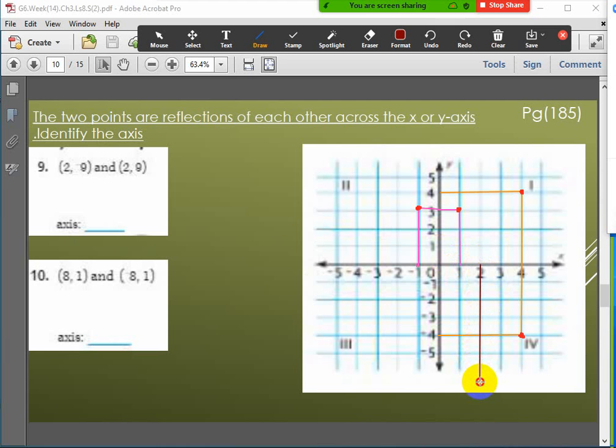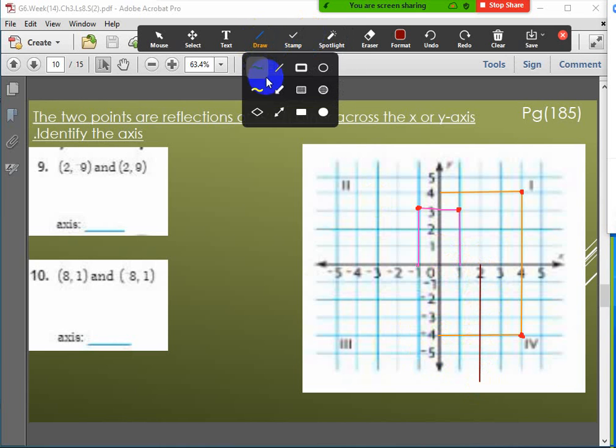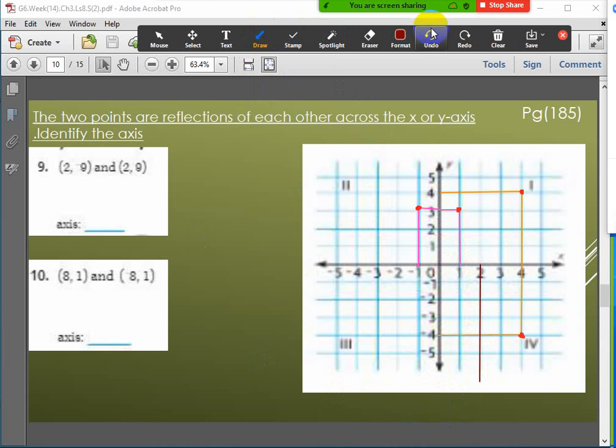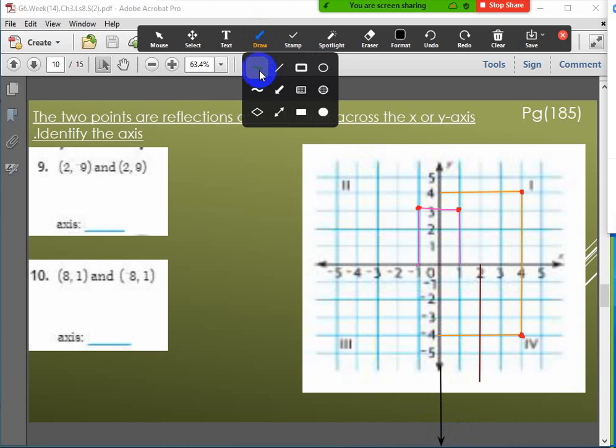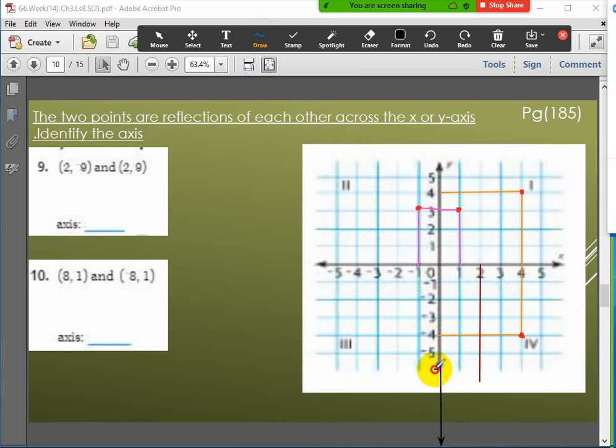Here the y-axis is divided until -5, so I want to divide it. So I have to extend this line like this. -6. This is -7, -8, and -9. Here, -9.